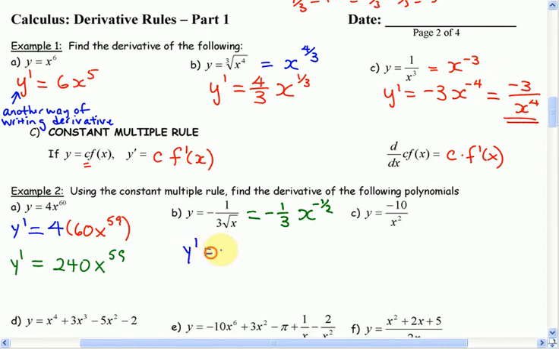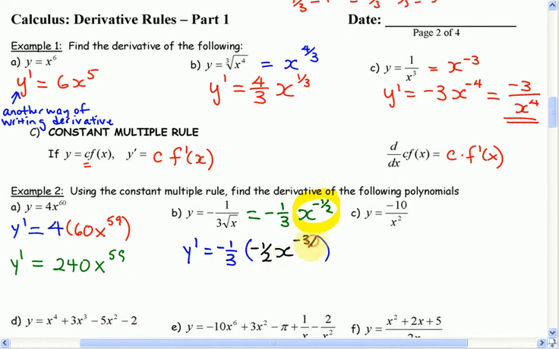So once again, ignore the constant. So just write that as 1/3. And now find the derivative of x to the power of negative 1/2. What's that? Negative half. X to the power of? No, not negative 1/2. Subtract. Negative 1/2 minus 1. 3 over 2.